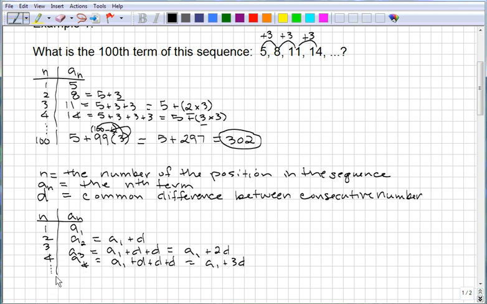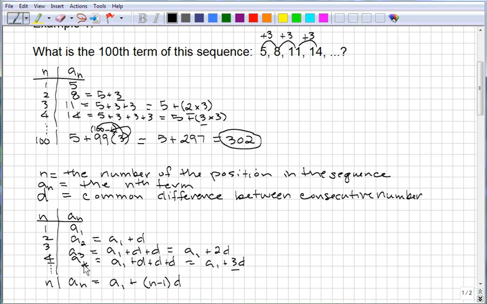So let's see if we can find a general formula for the nth term in the list. So an is equal to a1 plus some multiple of d. And the multiple of d is going to be n minus 1, because we're just lagging here.